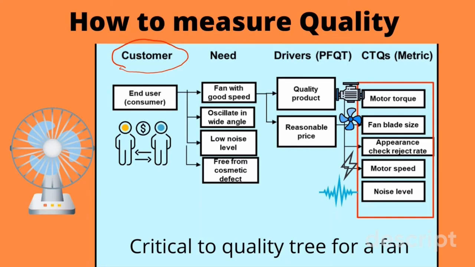So one of the ways to understand what consumers or customers require is through what we call a critical to quality tree. Let's look at this example of a table fan. What end customers need is a fan with good speed, oscillating at a wide angle, low noise level, and also free from cosmetic defects. And definitely the drivers will be quality products at a reasonable price.